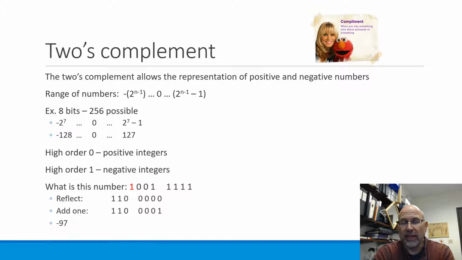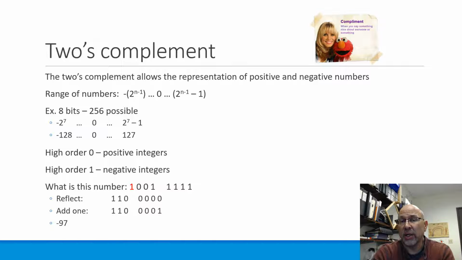Now, if you took all the values from 1 to 127, you would realize that the high order bit, the most significant bit, the one on the left, would be 0. So all of the positive integers have a 0 in that high order bit. In the case of the values from 128 to 255, all of those have a 1 in the high order bit.